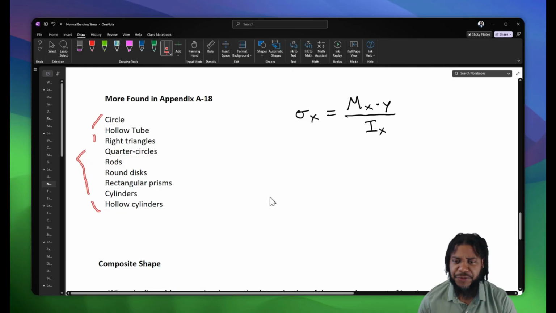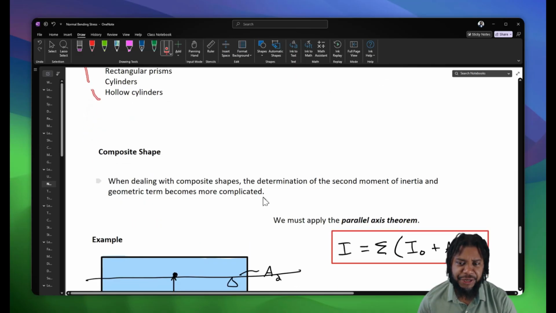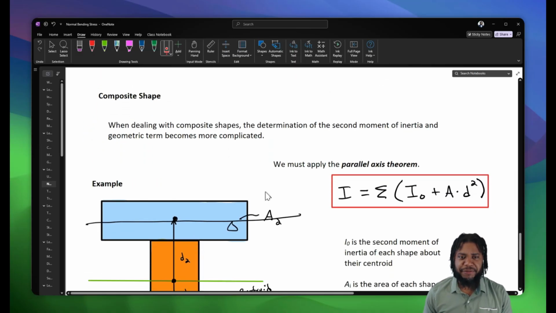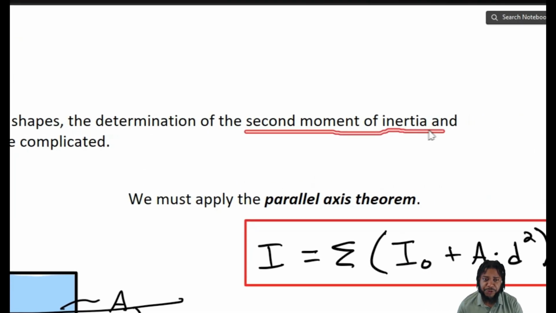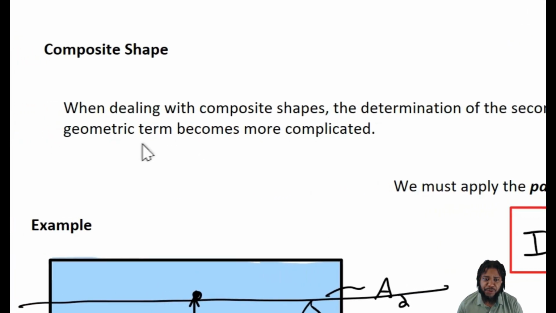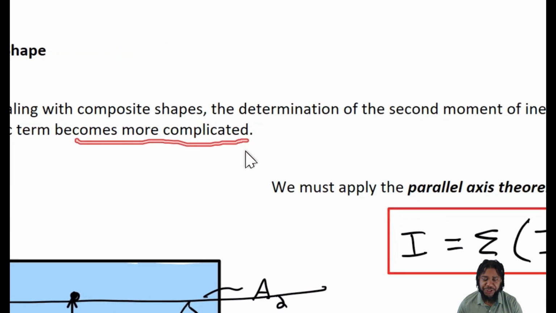Now, what happens when we have a composite shape, or a shape that is a couple of different simple shapes combined together? For composite shapes, we have to determine the second moment of inertia, but with a little bit more complication.